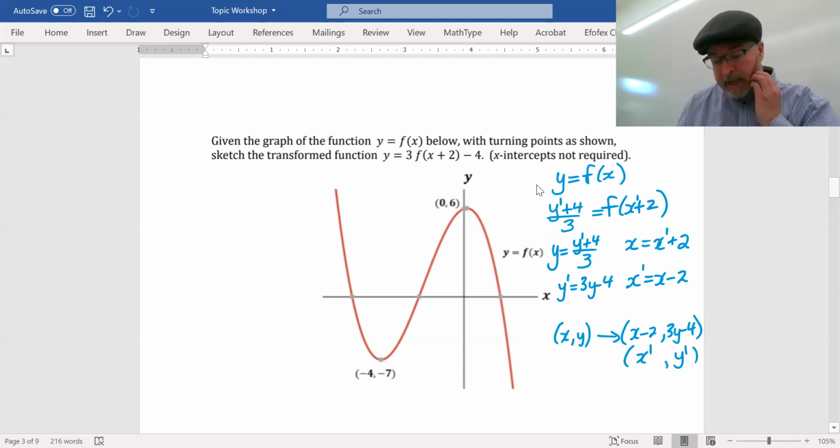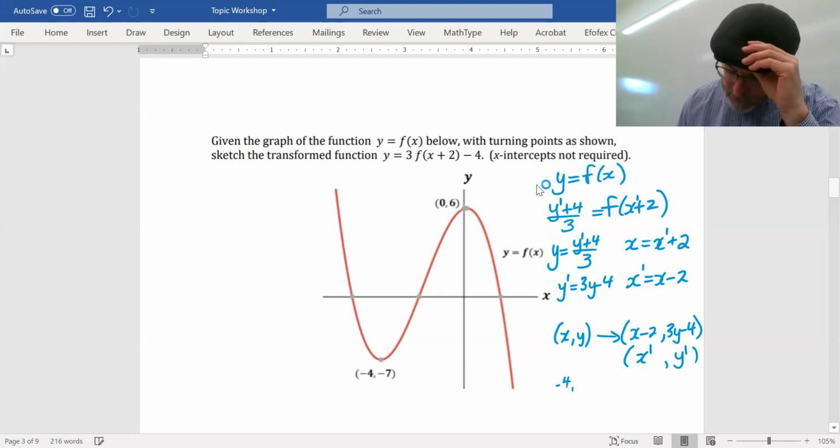So I've now got a general formula for what happened to the different points. I can select some key points and make that happen to it. For example, the point (minus 4, 7), it's going to go to, now you've got minus 4 minus 2, so minus 6, and 3 times minus 7 is minus 21, minus 4 is minus 25.